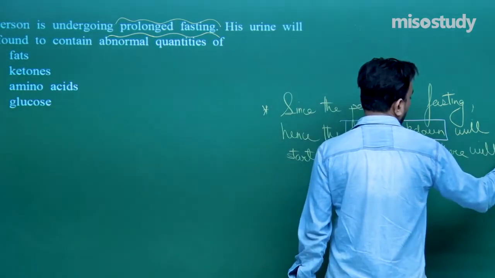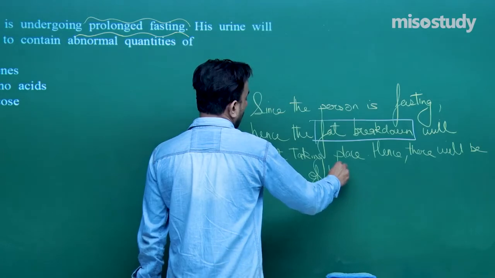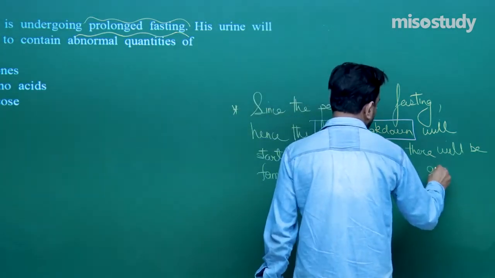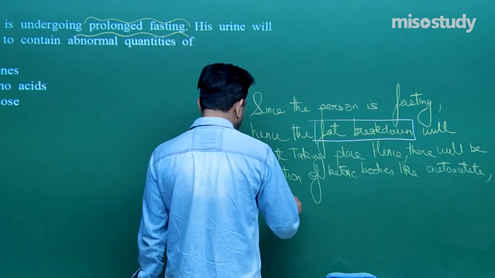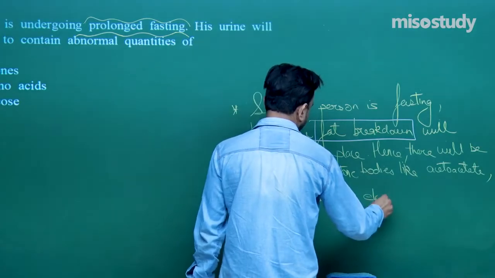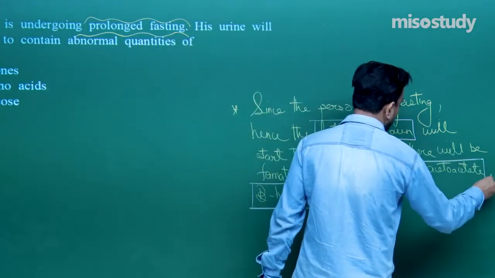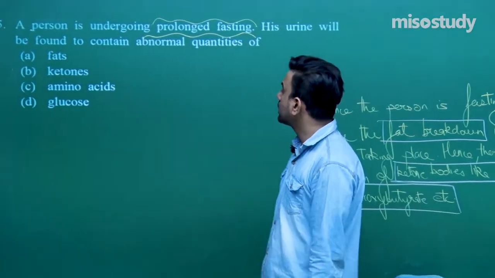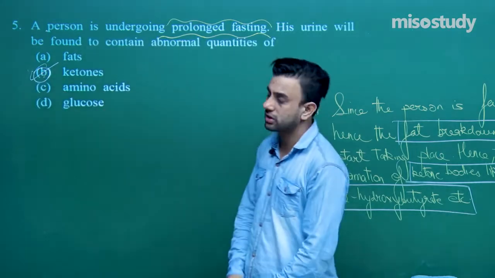There will be formation of ketone bodies like acetoacetate, beta hydroxybutyrate, etc. So a person undergoing prolonged fasting will have urine containing abnormal quantities of ketone bodies. This is going to be the right answer.